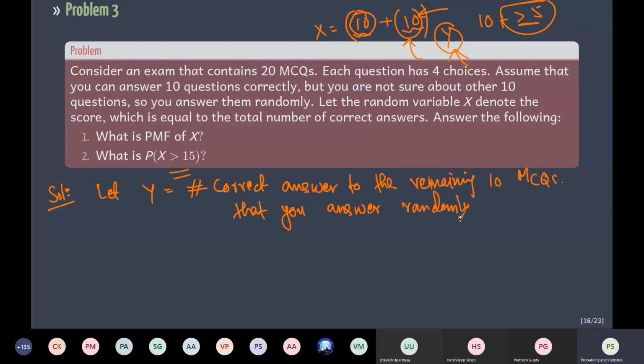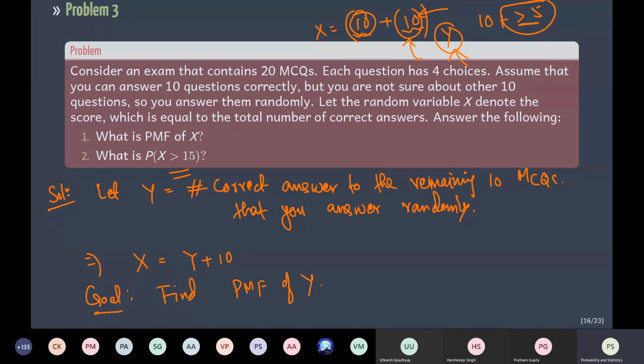It's like you have no hint at all. You will answer completely randomly, and this implies that X can be written as Y plus 10. So the first goal for us is to find the PMF of Y.